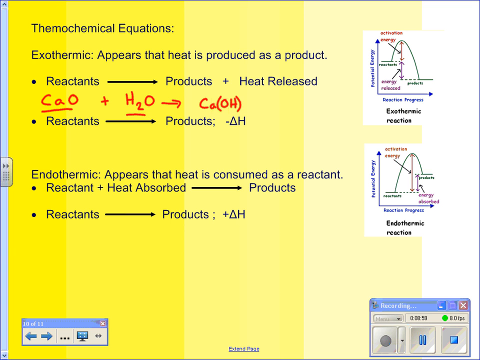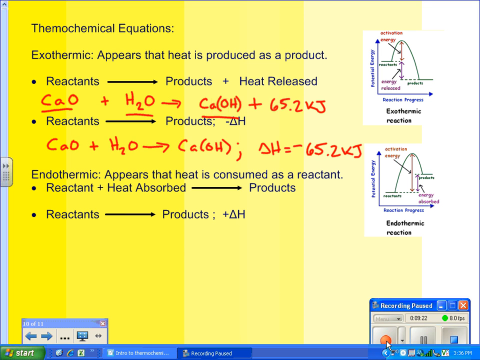Calcium oxide plus water will yield calcium hydroxide. But this is exothermic. It also releases a lot of heat. So oftentimes we'll write this equation, the thermochemical equation, which includes the energy, the heat, as a type of product. In this case, the heat released is 65.2 kilojoules. So it's written as a product.